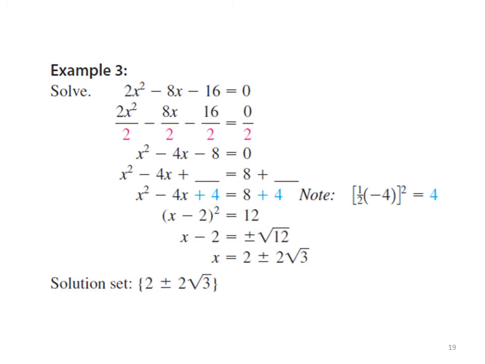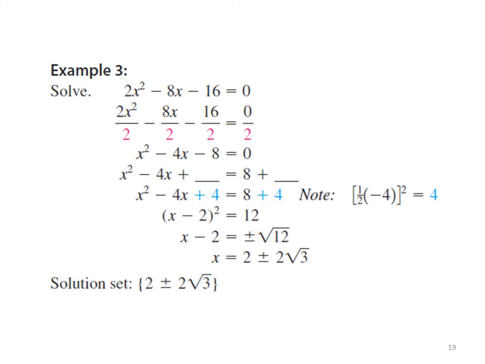I end up with x² − 4x + 4 = 8 + 4. The right hand side is just 12, but by doing this step now I have a complete square, a perfect square. This left hand side now can be written as (x − 2)².